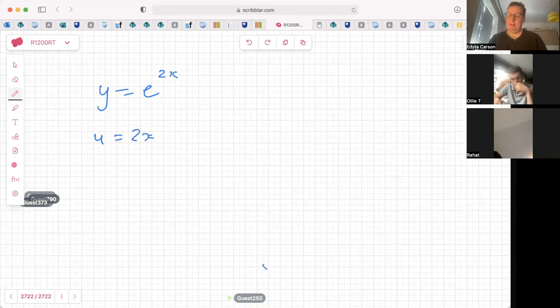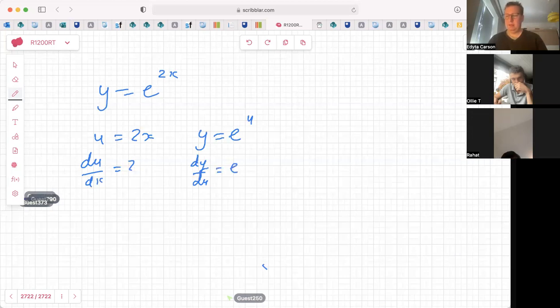Okay. So u is 2x. Differentiate that. That's obviously 2. That makes y equal e to the u because 2x is u. Differentiate that. Interesting thing about e to the u or e to the x or whatever, it doesn't change. Because at any point on the curve of e to the x or e to the u, its y coordinate is the same as its gradient, which is an odd thing.